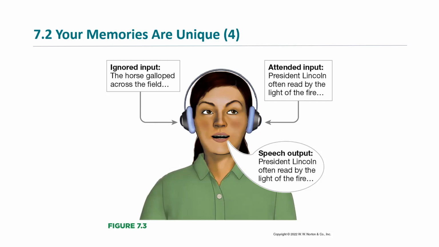However, the filter isn't actually completely blocking out all the other conversations, because if we were to hear a prominent stimulus, for instance, if all of a sudden I hear my name from another conversation, even though I'm intensely focused on this one, it would immediately grab my attention. I was blocking out everything else that was being said, but all of a sudden I hear my name, and it alerts my attention, and I would notice it.